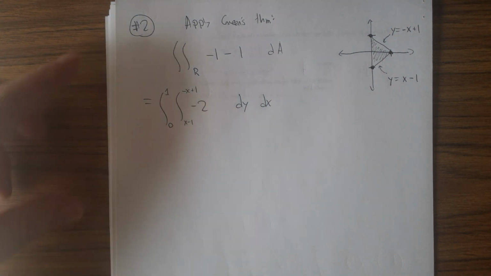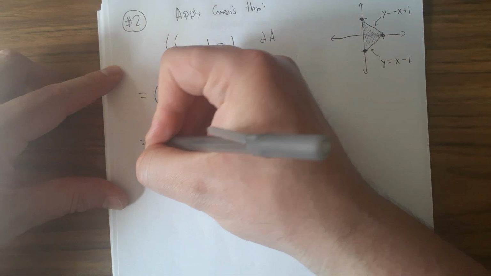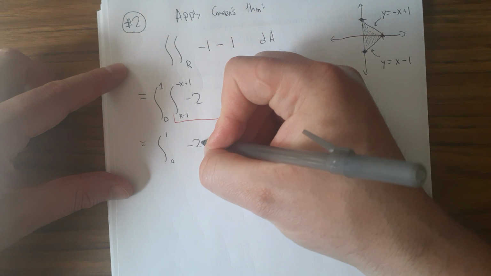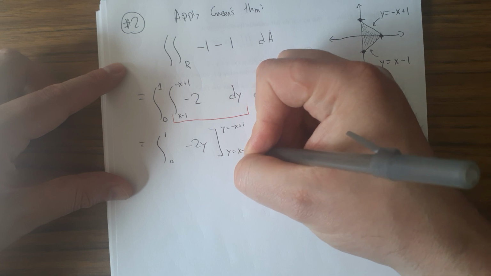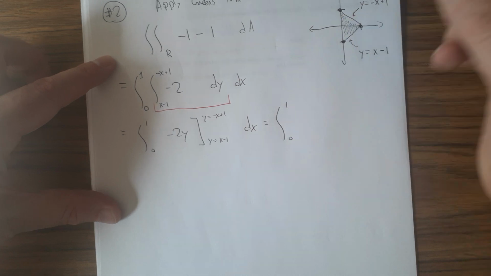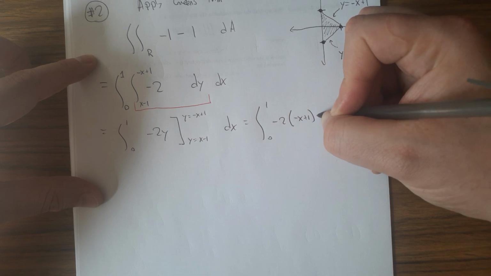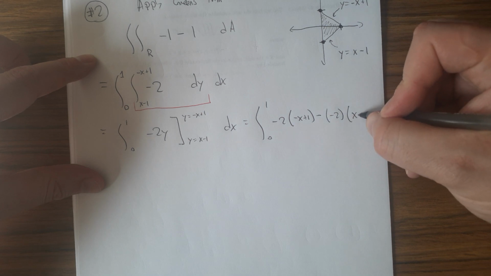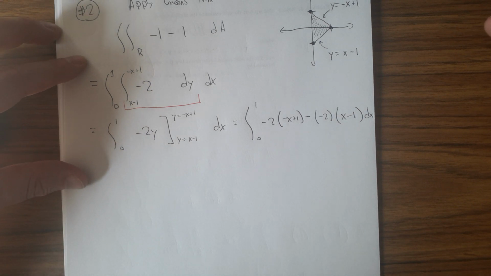We just need to evaluate it. We go from the inside out as we do. So the antiderivative of -2 is -2y. So I plug in that and that. So -2(-x + 1) minus (-2)(x - 1).